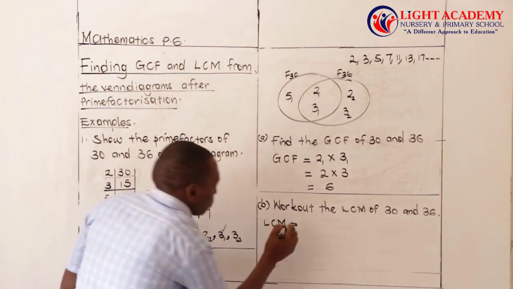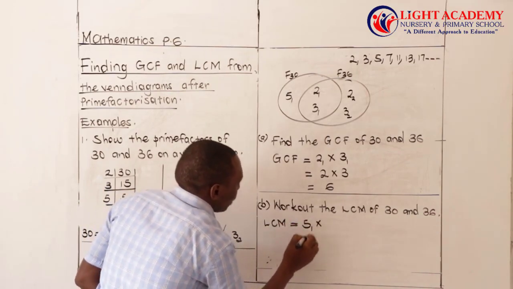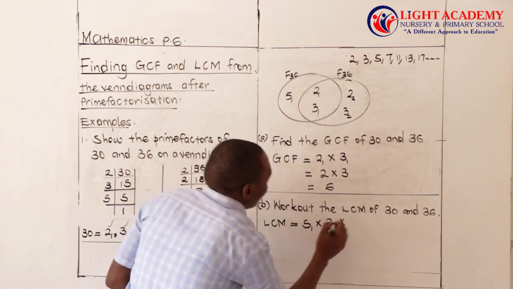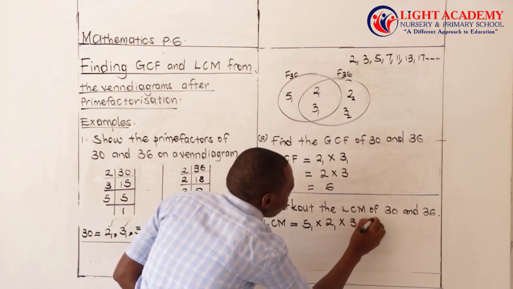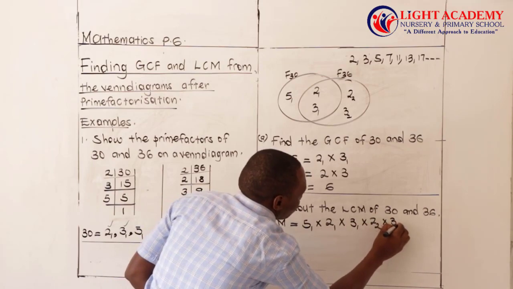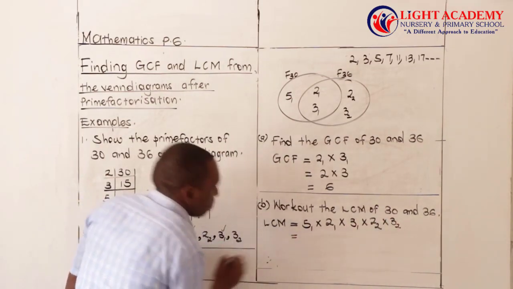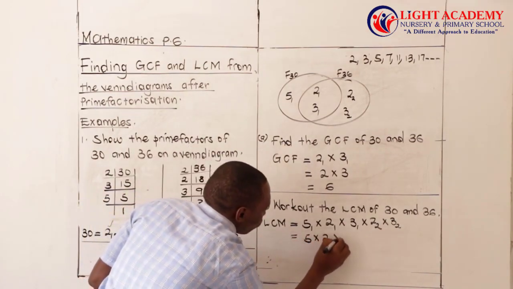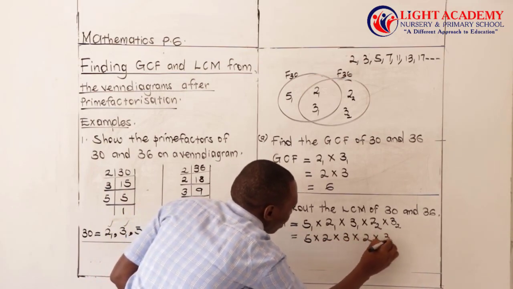We can write with the subscripts: 5 to subscript 1 multiplied by 2 to subscript 1 multiplied by 3 to subscript 1 multiplied by 2 to subscript 2 multiplied by 3 to subscript 2. Then on the second phase, you can remove the subscripts and say this is 5 multiplied by 2 multiplied by 3 multiplied by 2 multiplied by 3.